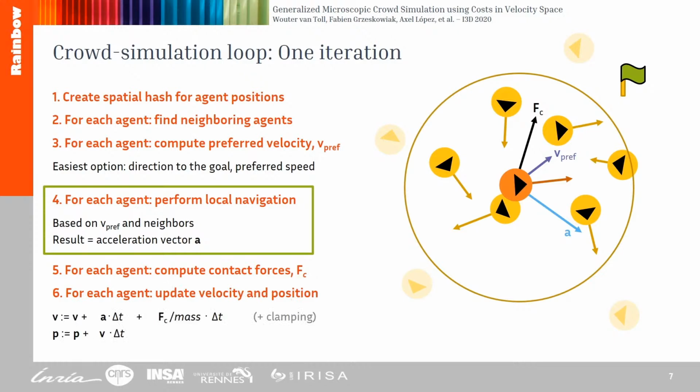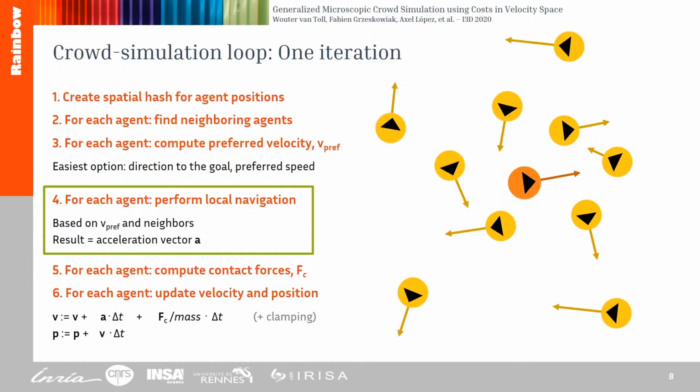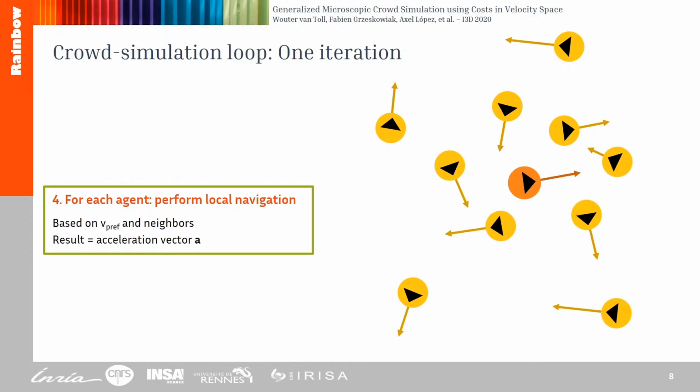And finally, with the forces and the acceleration, you can update the agent's velocity and position via, for example, Euler integration. And at the end, when you have done this for all agents, every agent in the crowd will have advanced by a certain step, like this. So as I said, we will focus on the local navigation step of this loop.